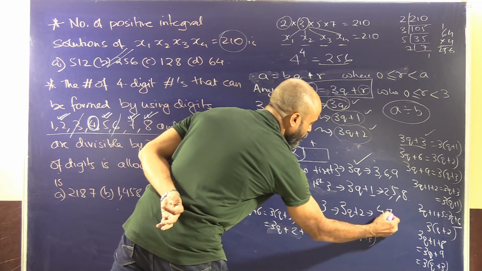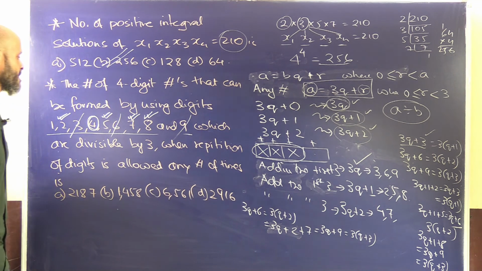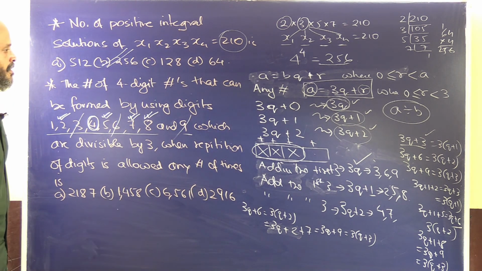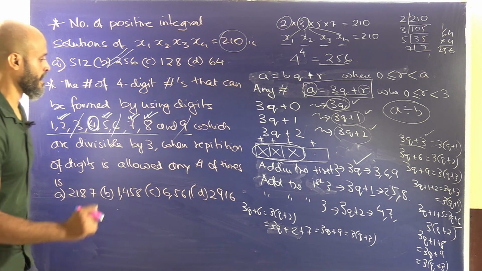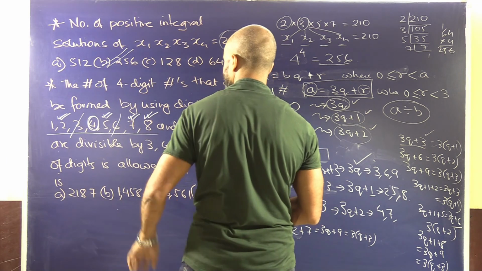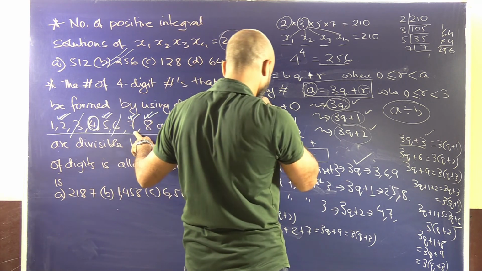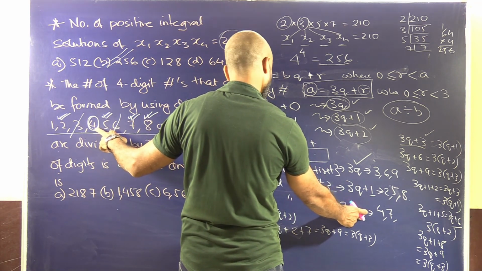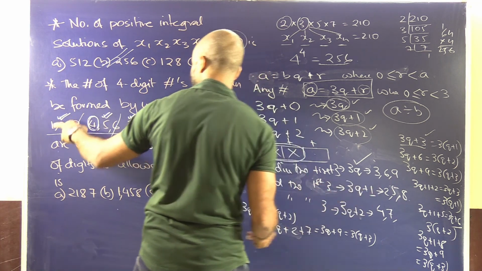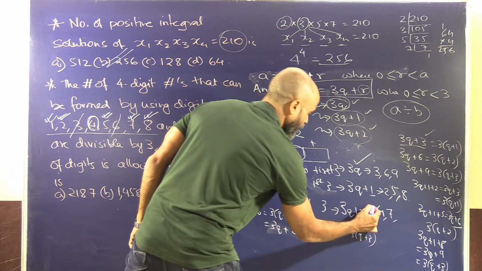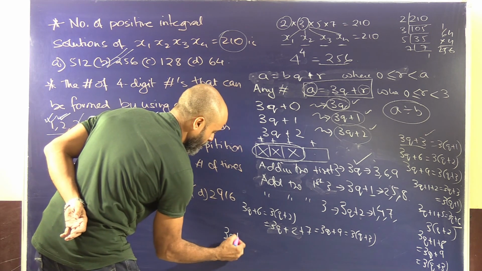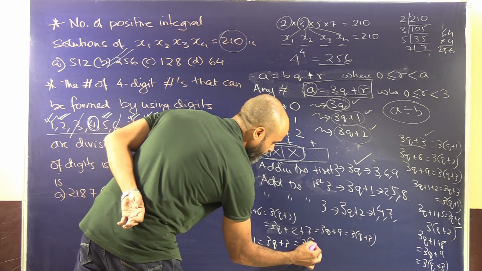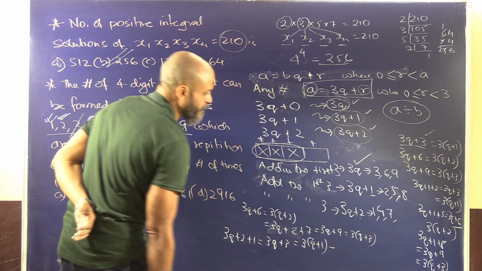So we can add 4, 7, what else, is there anything remaining? We can add 1 as well, because 3q plus 2 plus 1 will give us 3q plus 3, which is 3(q plus 1). This will also be divisible.